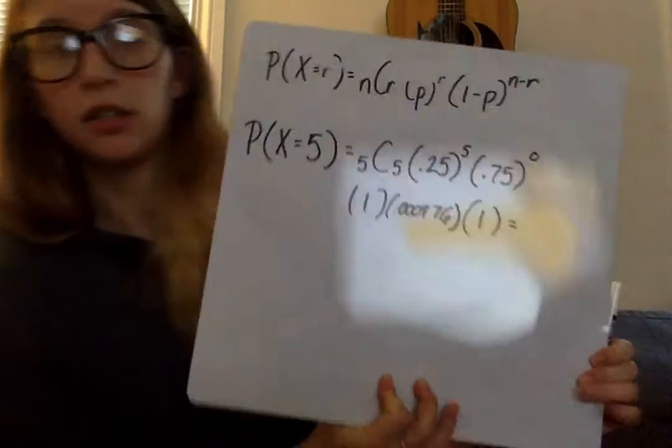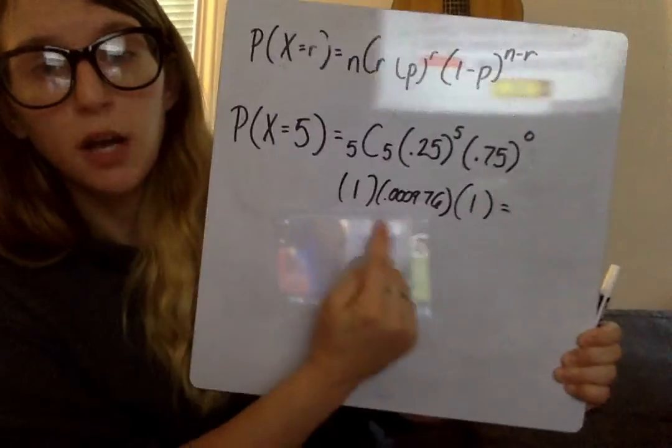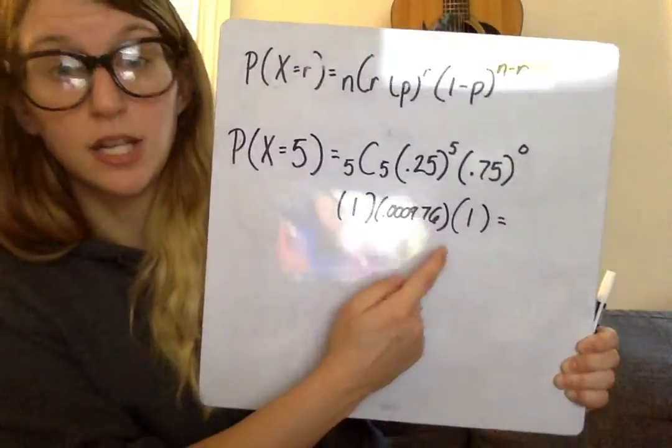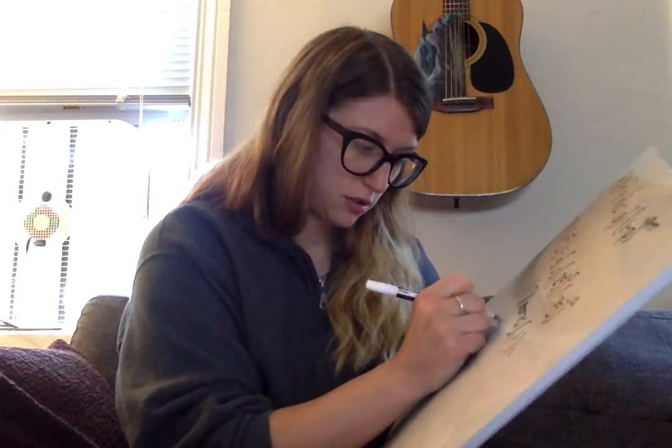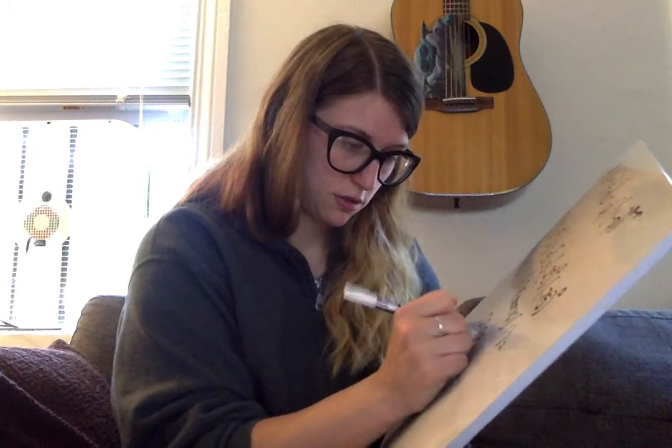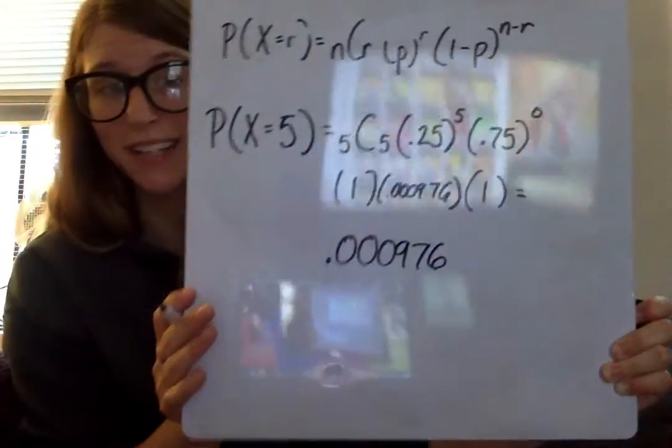0.000976. And at this point, you don't even need to multiply, right? You don't even need to multiply because it's 1 times this times itself, which is just that.